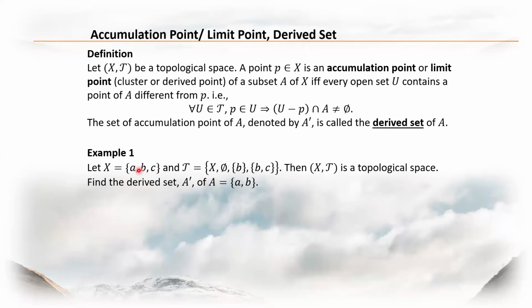So let's start first with the point a. Now look at your topology. These are the elements of your tau. Which of these contains a? Only X contains a, right?